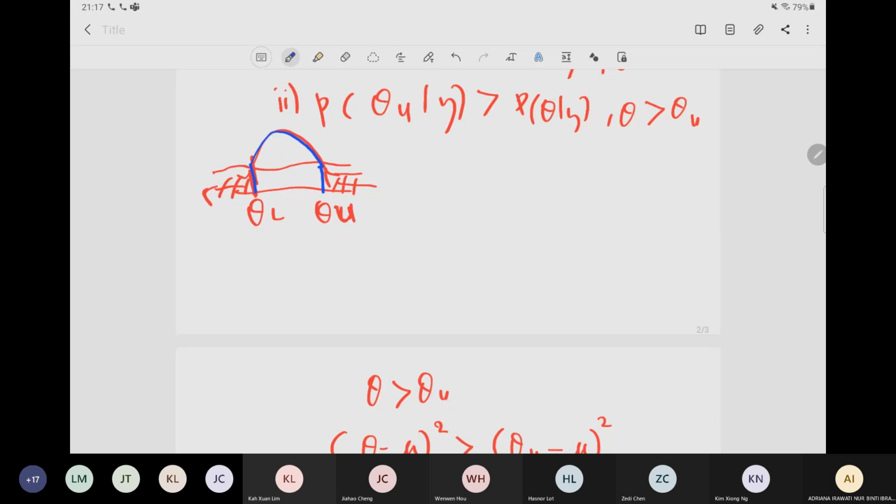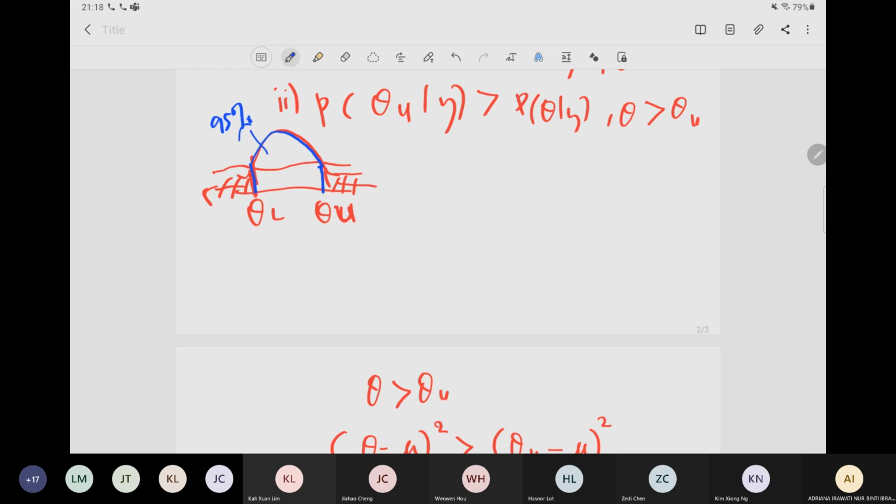But you also must preserve the size. The size is 1 minus alpha, because it's just 95%. So the area here is actually 95%. And because they are symmetric and unimodal, the size on the left and the right is the same, so the height is the same.